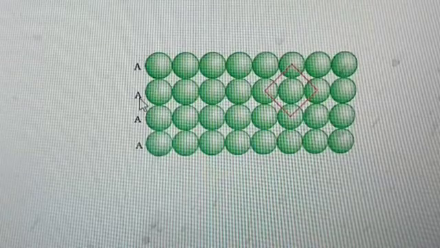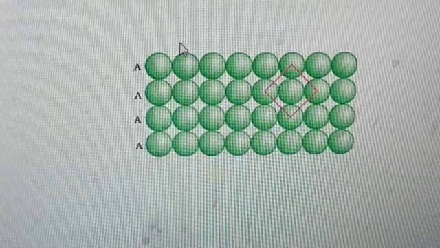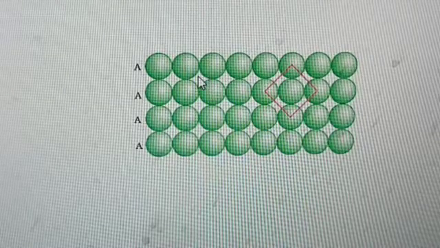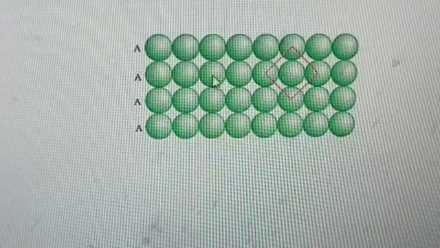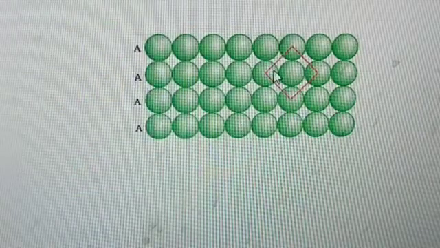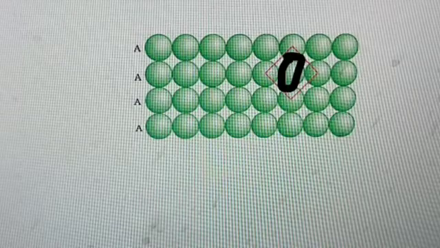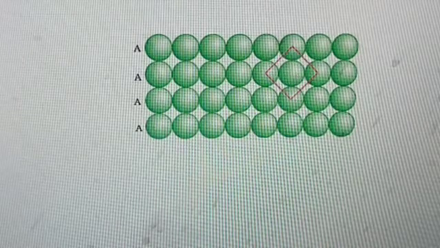So this type of arrangement is called AA type of arrangement. In this AA type of arrangement, each atom is in contact with 4 of its neighbors.